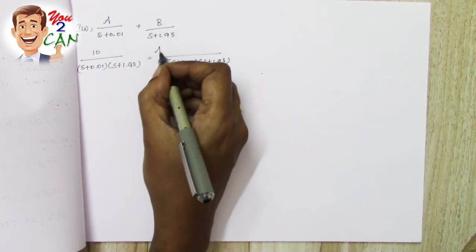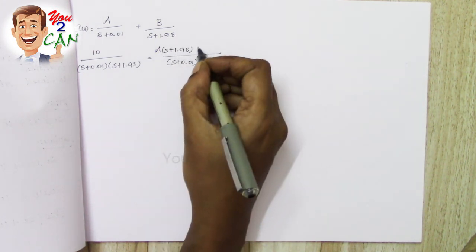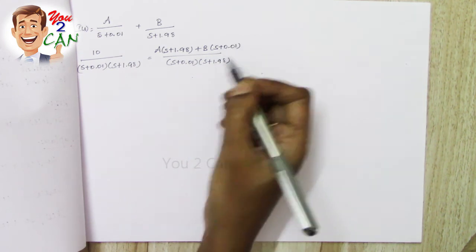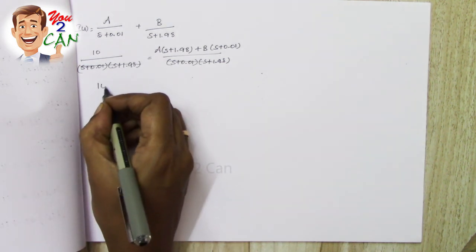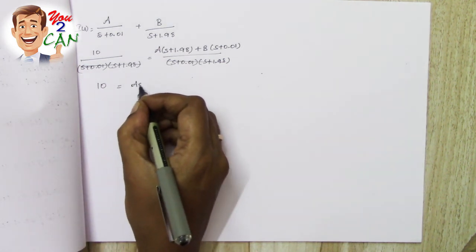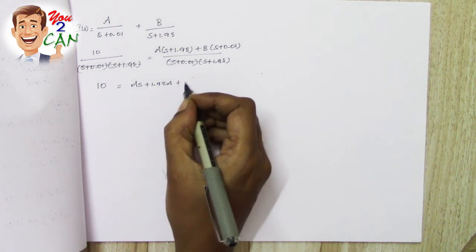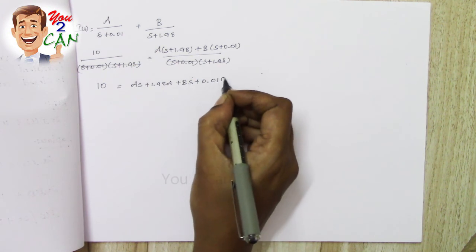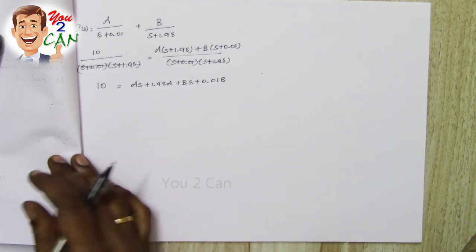So cross multiply it: a into (s plus 1.98) plus b into (s plus 0.01). Now the denominator gets cancelled, and expand this as as plus 1.98a plus bs plus 0.01b.